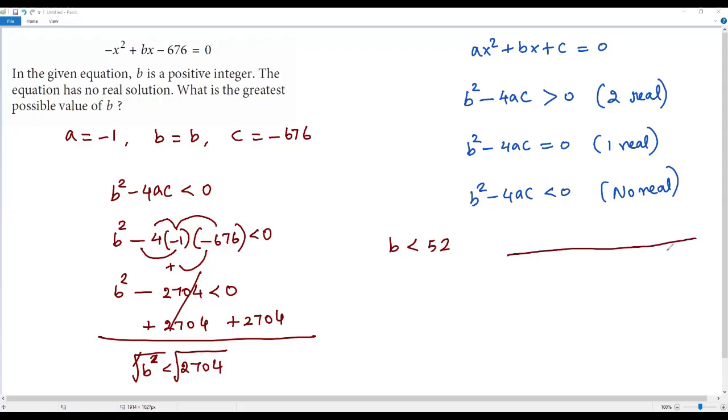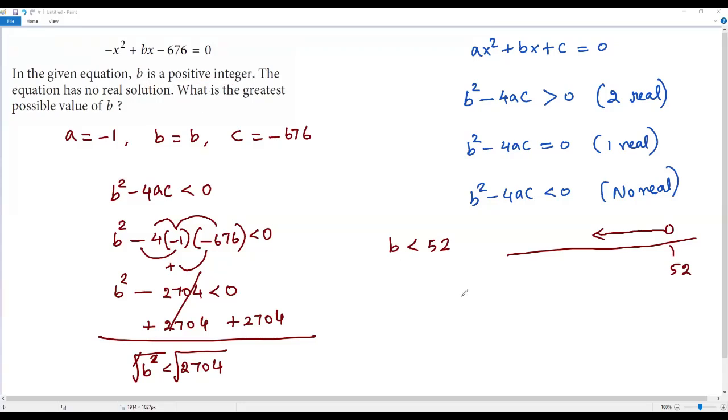Now let me mark this value on the number line. b cannot be equal to 52. The value of b has to be less than 52. So we draw the solution like this with an empty circle, because 52 cannot be considered. Any value less than 52 can be considered for b. Now, there is a restriction given in the question, that b is a positive integer.